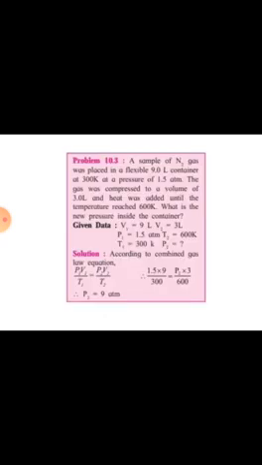Let's solve one numerical. A sample of nitrogen gas was placed in a flexible 9.0 liter container at 300 Kelvin at a pressure of 1 atmosphere. The gas was compressed to a volume of 3 liter and heat was added until the temperature reached 600 Kelvin.